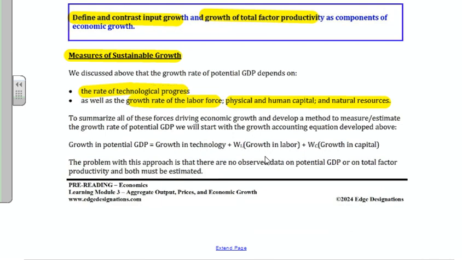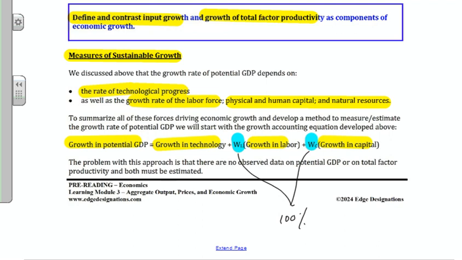If you've seen this once, you've seen it twice. Growth in potential GDP is growth in technology. Growth in labor and capital, don't forget to give them their correct weightings as they are in the production process. Remembering, of course, that the two weightings, the weighting of labor as well as the weighting of capital, would of course sum to 100%.